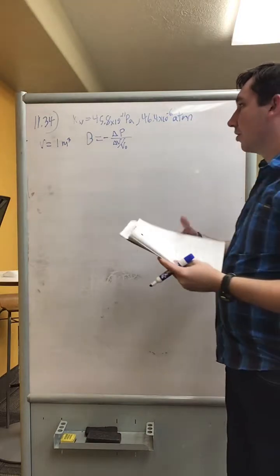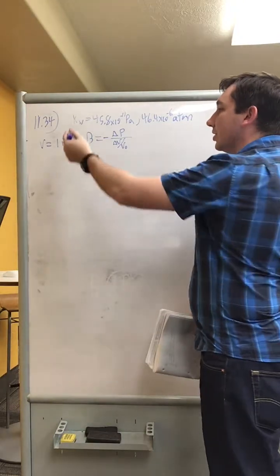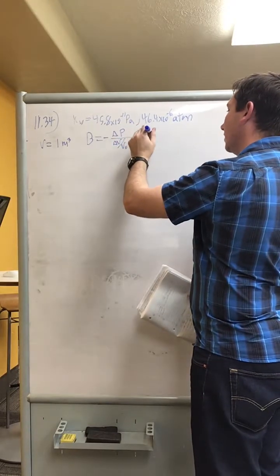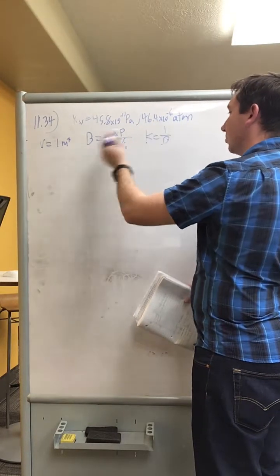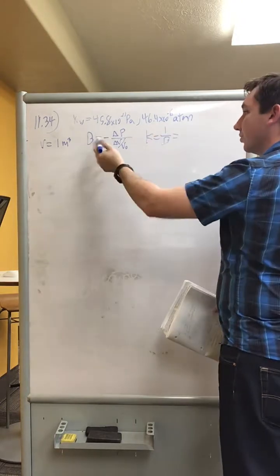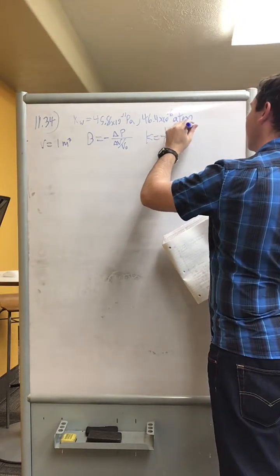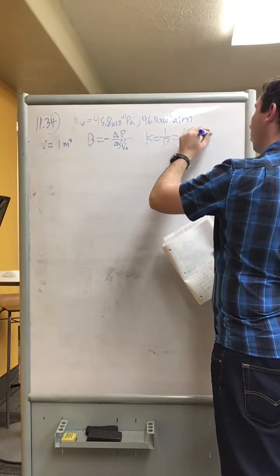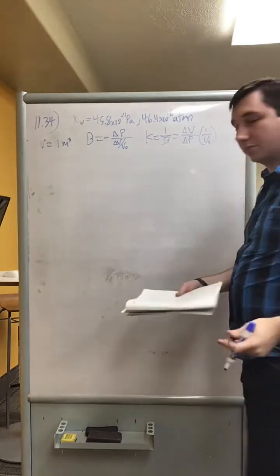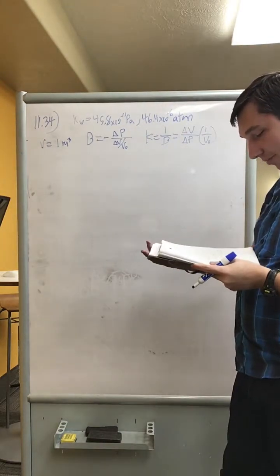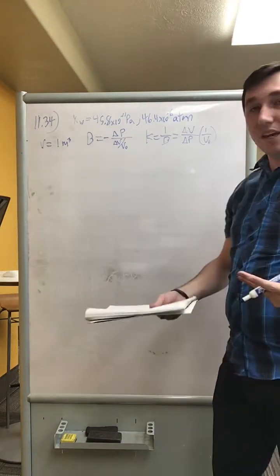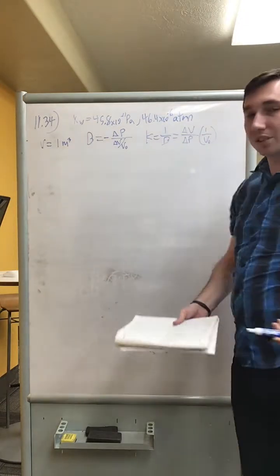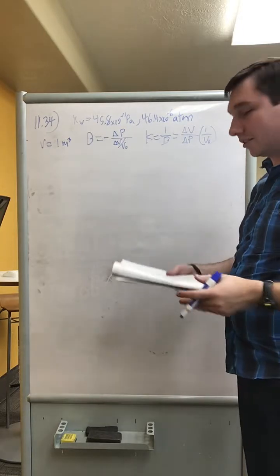But this is K, which isn't in this equation. We know that K is equal to 1 over the bulk modulus. So we can rewrite this as the change in volume over the change in pressure times 1 over the initial volume. The way that I solve it, just because of personal preference, I like using atmospheres instead of pascals.